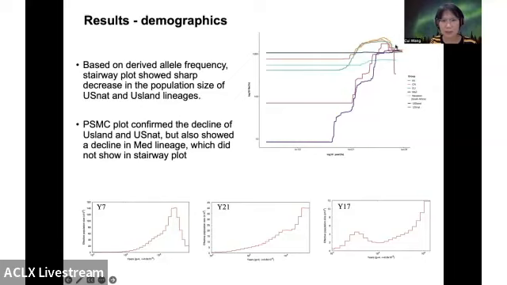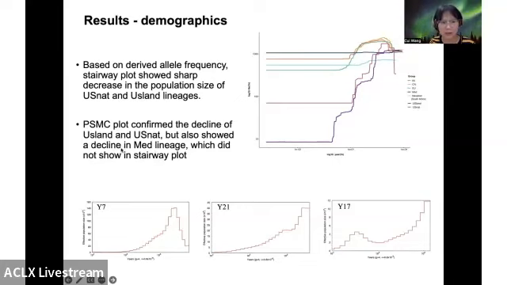The stairway plot showed a sharp decrease in the population size of the Native American lineage and the Land type lineage, which is expected, and then a mild decrease of the other lineages.